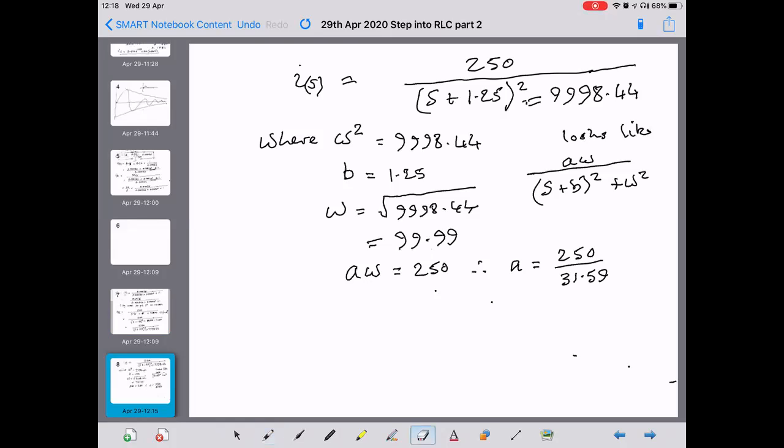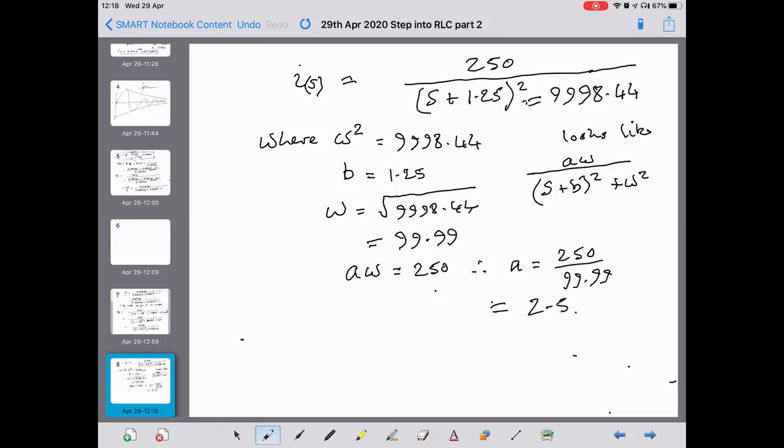Okay, 250 over 99.99 equals 2.5, near as damn it. That's 2.5002.